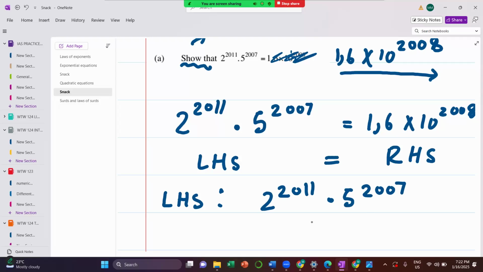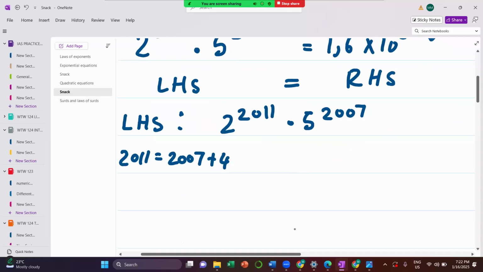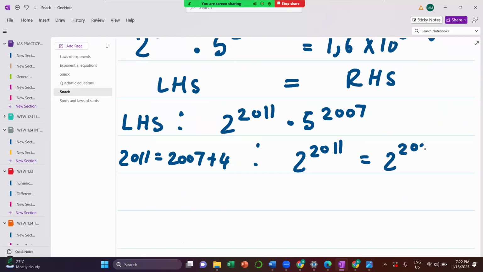I know that 2011 is simply 2007 plus 4. So 2 to the exponent of 2011 can be written as 2 to the exponent of 2007 plus 4, right?